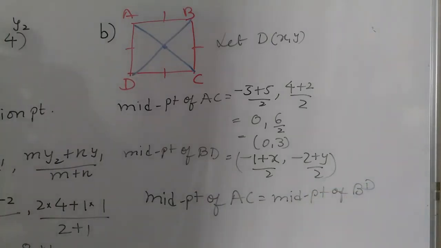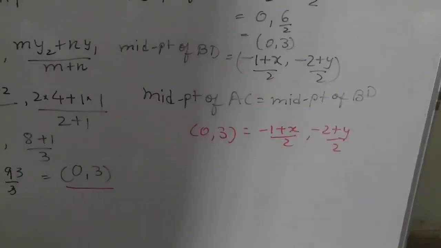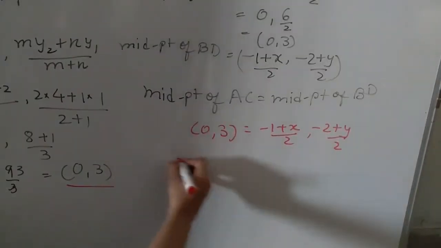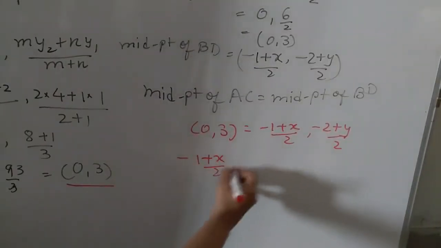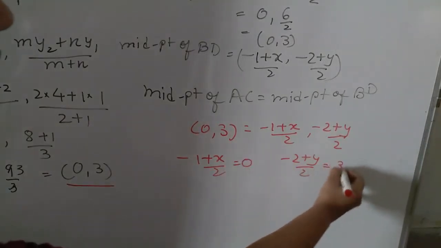So substituting values, (0, 3) is equal to ((minus 1 plus X) by 2, (minus 2 plus Y) by 2). Now we'll compare the X coordinate and the Y coordinate.